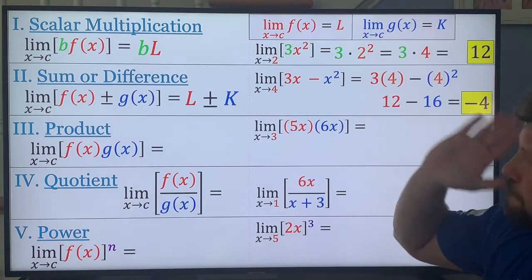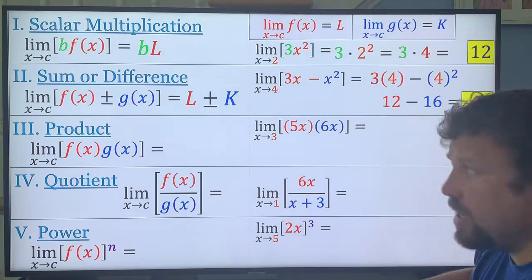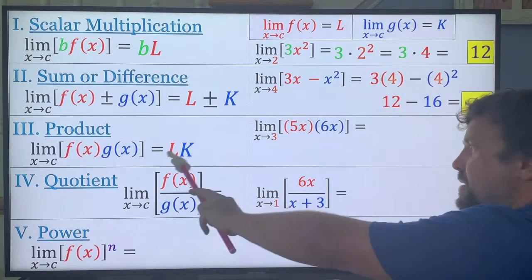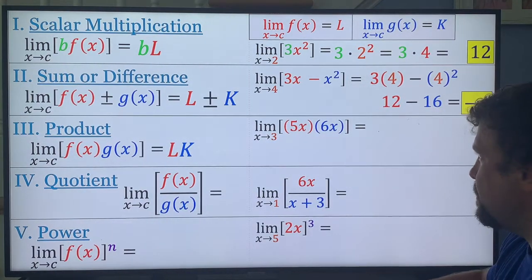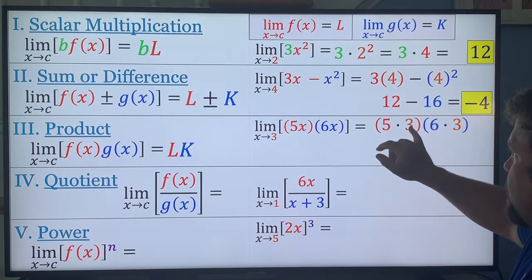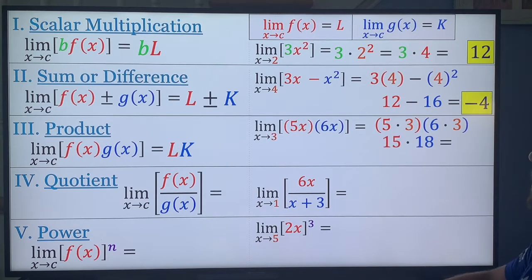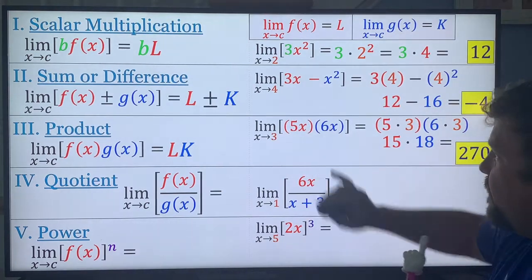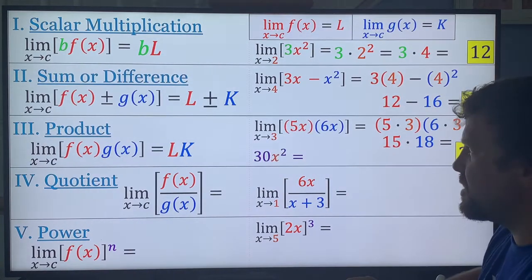All right. Number 3, product. When you take the limit as x approaches c of two functions and you're multiplying those functions by each other, you just multiply the limits of said functions by each other as well. So for instance, the limit of 5x times 6x: 5 your scalar times 3, right? Times 6 your scalar times 3. 15 times 18 is 270. Now, here's the magic of math. What if, I know what 5x times 6x is. 5 times 6 is 30. x times x is x squared.